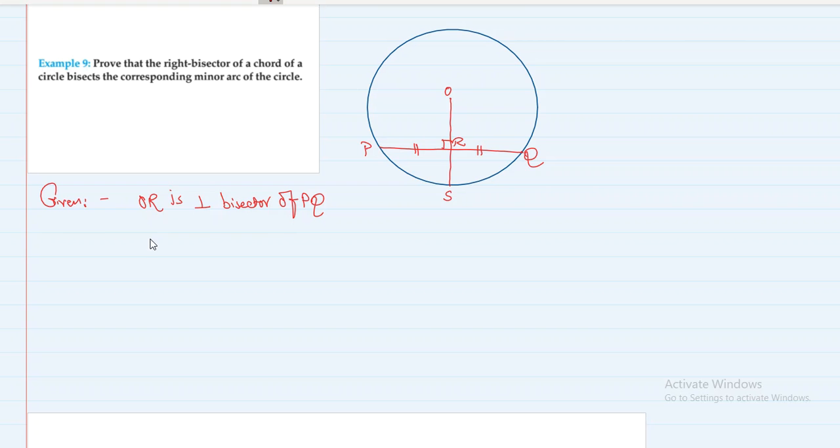And to prove, OS bisects arc PQ. Okay, let's see the proof.